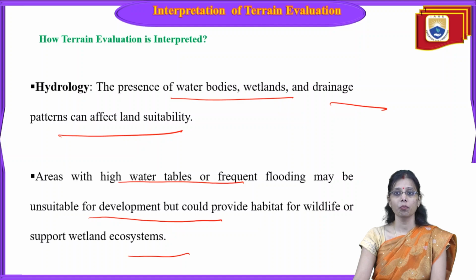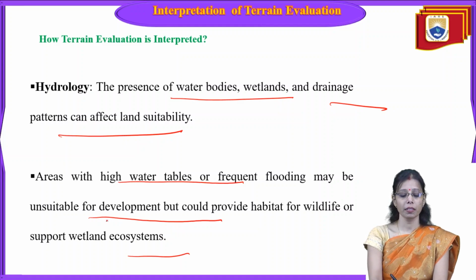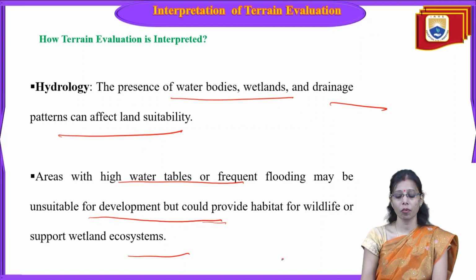So it will not absorb more water. There are more chances of frequent flooding, because water will not seep inside the ground, as there is already more water underground. That's the reason the flooding chances will increase. So it may be unsuitable for development, but could provide a habitat for wildlife and support wetland ecosystems.